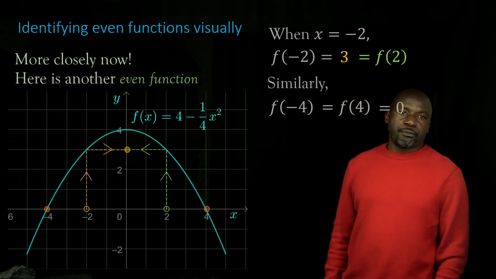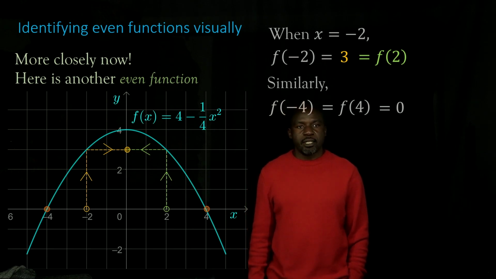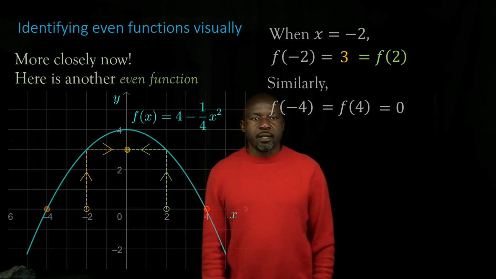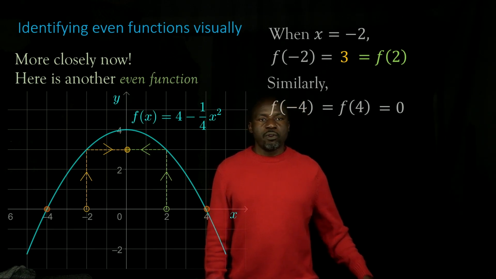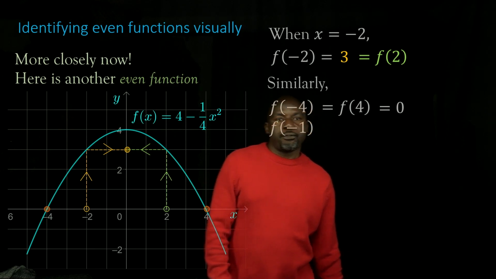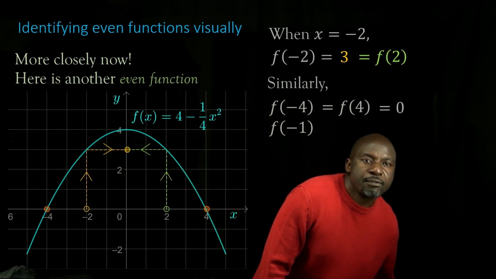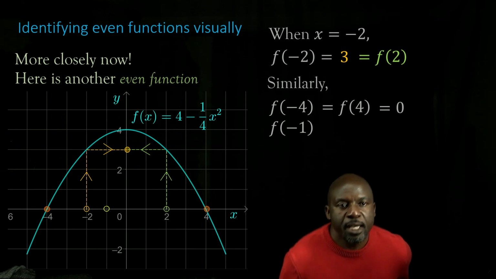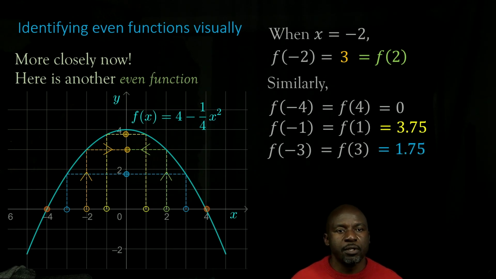So f of -4 is the same as f of 4 and is giving us a value of 0. Okay? Equivalently, if we took f of -1, you can see that f of -1 is also the same as f of 1, which you can see is equal to 3.75.